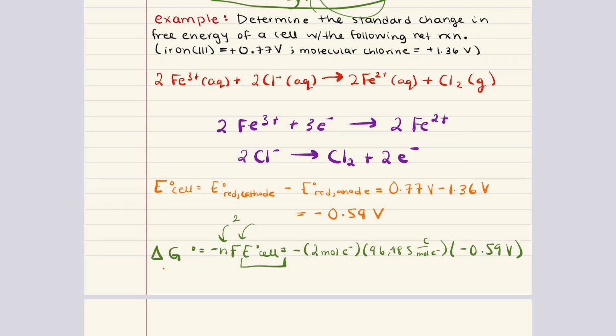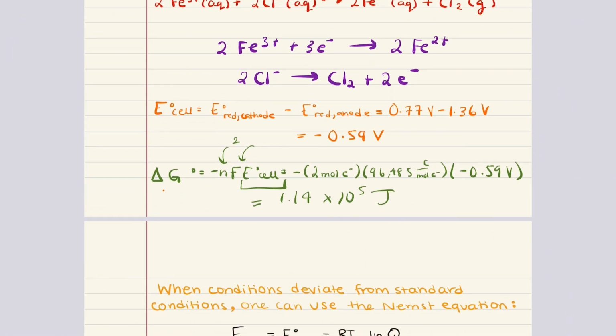What we get is going to be 1.14 times 10 to the 5th power joules. The free energy change is about 114 kilojoules, which represents a non-spontaneous reaction. Wonderful, so that's how we attempt this example problem.